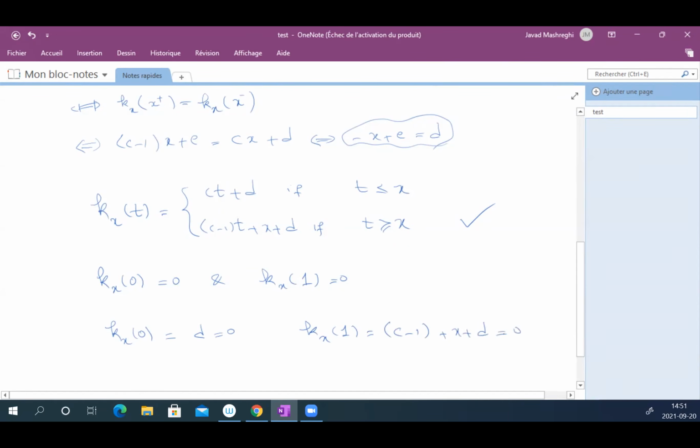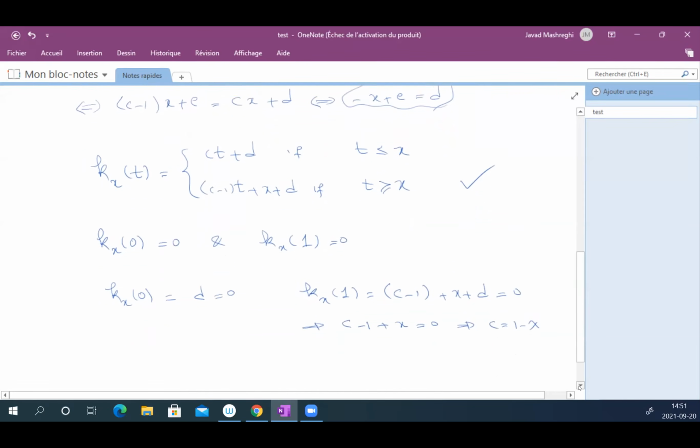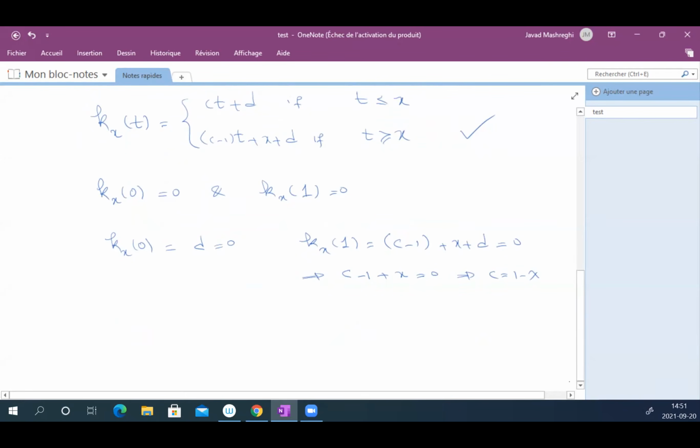This one also we want to be equal to 0. So this implies c minus 1 plus x is equal to 0. So c is 1 minus x, which is okay. C just doesn't depend on t.